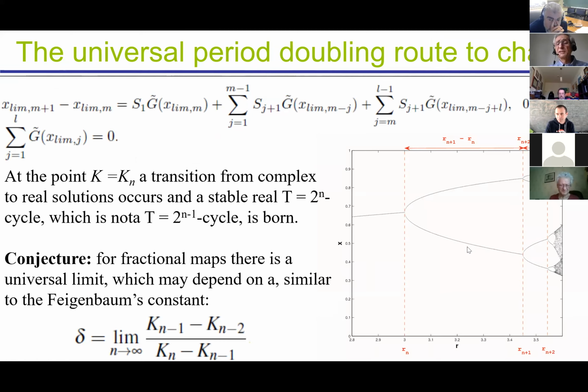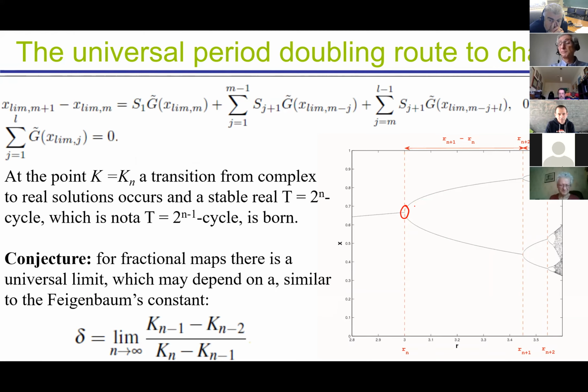If we consider those transition period doubling bifurcations, then at this point, for example, the fixed point becomes unstable, and the solution of the corresponding equation becomes unstable, and period 2 solutions become stable.